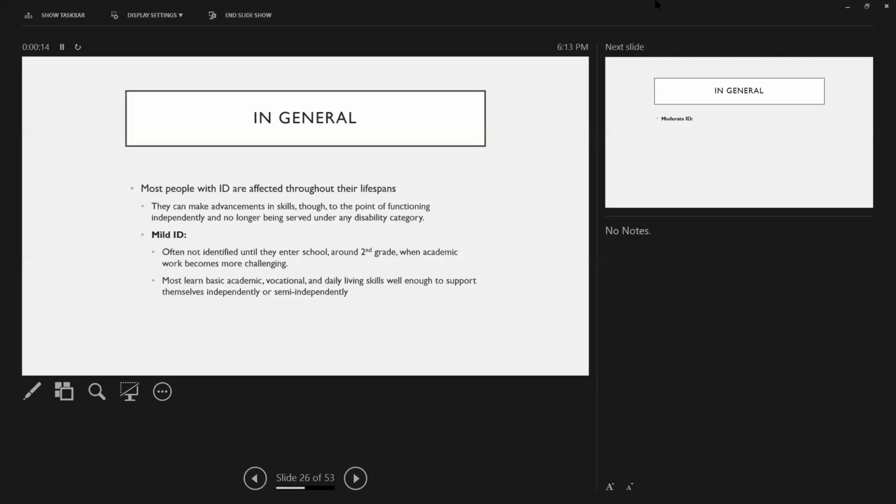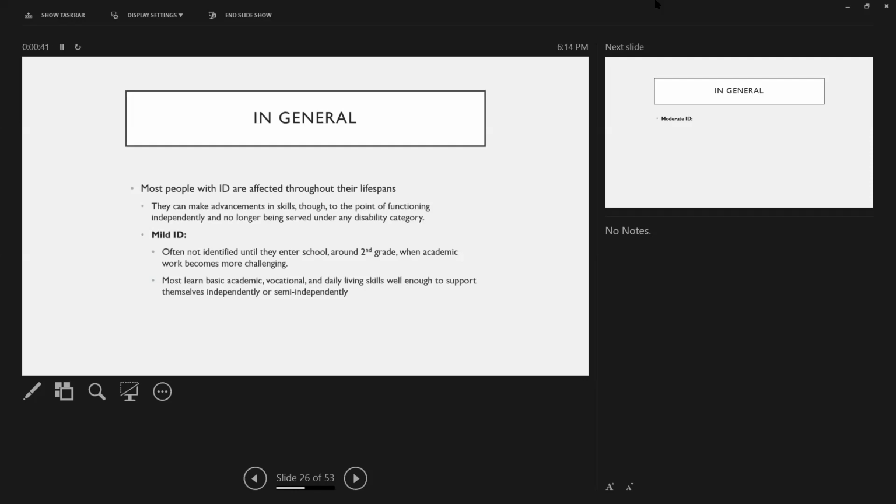Speaking first in some generalities, intellectual disability is a condition that affects most people throughout their lifespans. Certainly it is possible for people with this diagnosis to make advancements in adaptive living skills or academic skills.